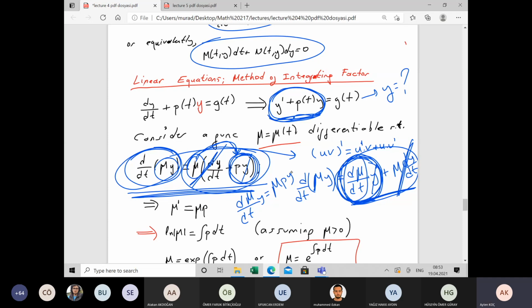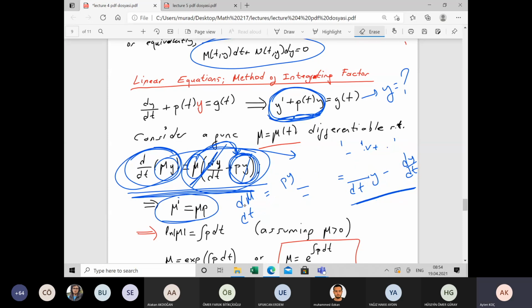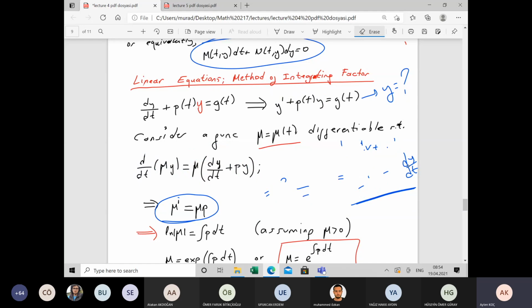So we obtain this equation: mu prime is mu times p.